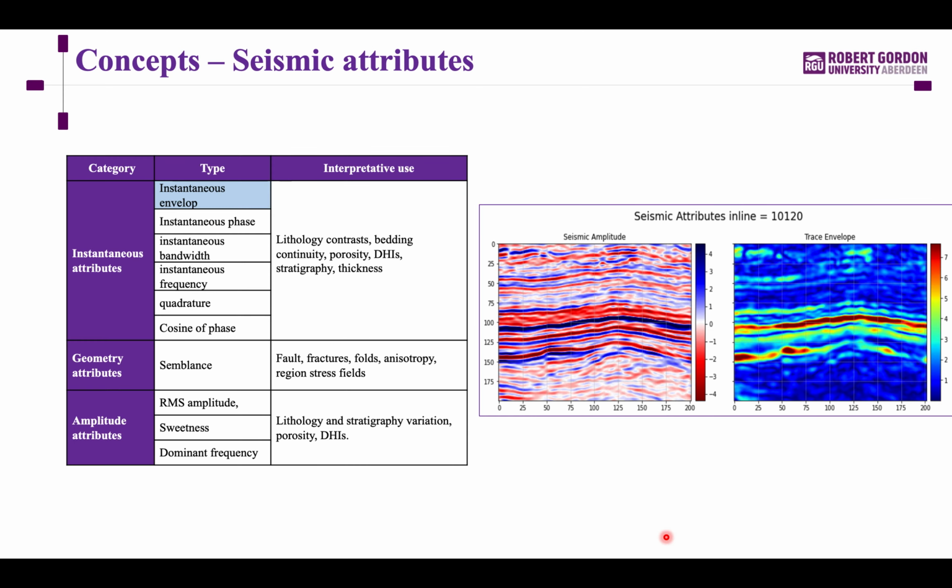This brings us to the seismic attributes that we used in this project. We use 10 different attributes summarized in this table here, with their category and their use. We just highlighted some attributes here. For example, the instantaneous envelope, which is calculated by the Hilbert transformation.